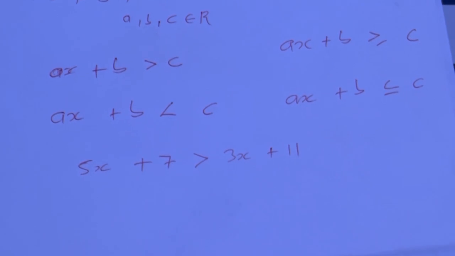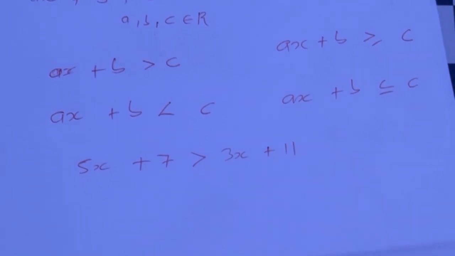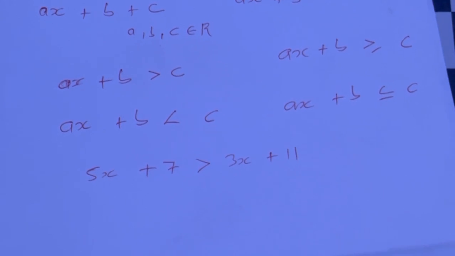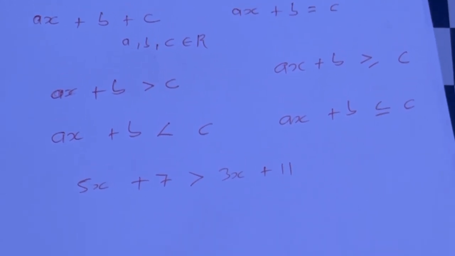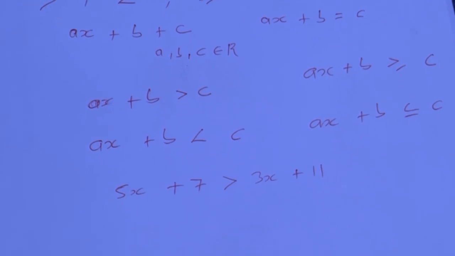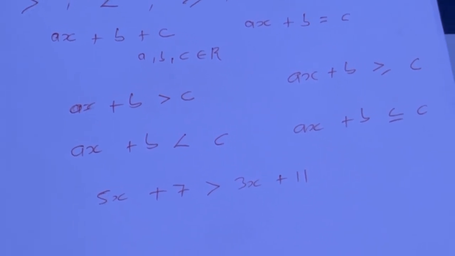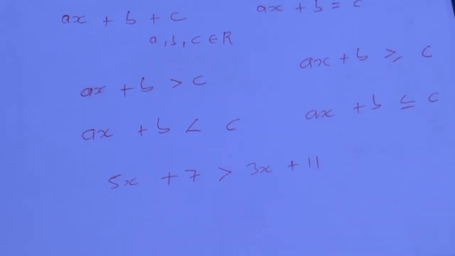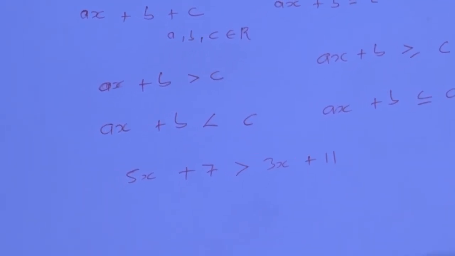To solve linear equations, we group the variables on one side and all the constants on the other side, then we make the variable the subject. It is the same thing we are going to do here. We are going to make x the subject of our inequality.